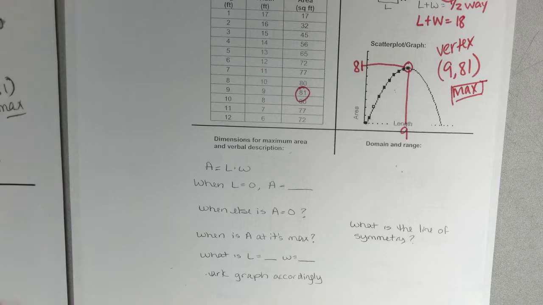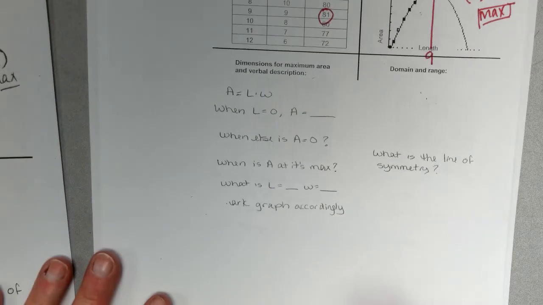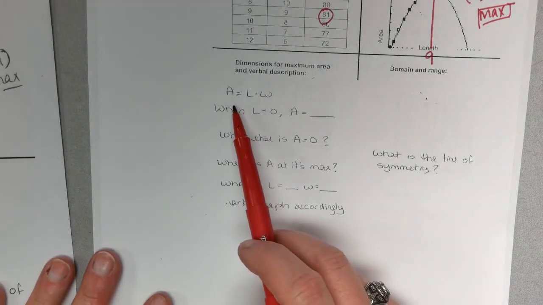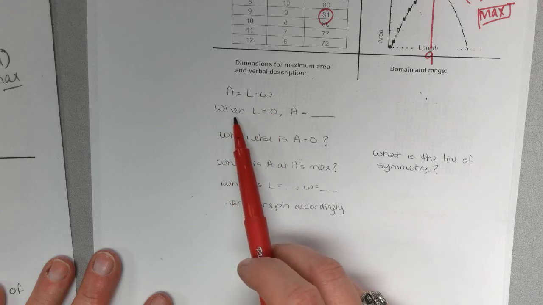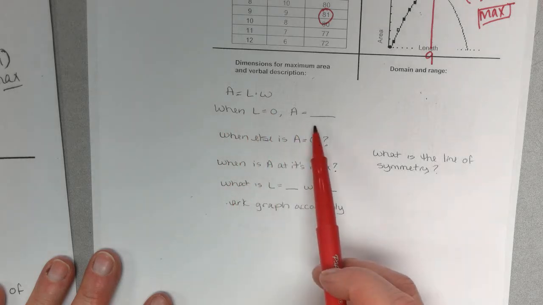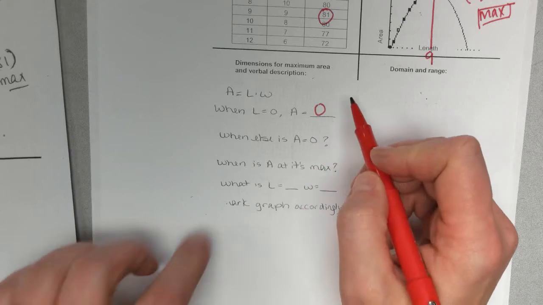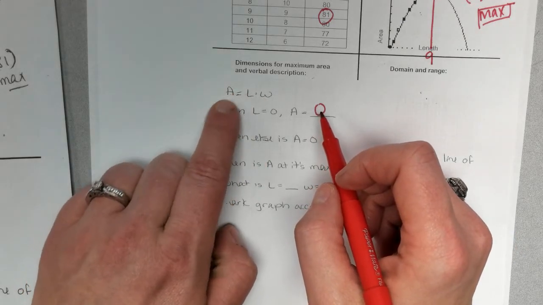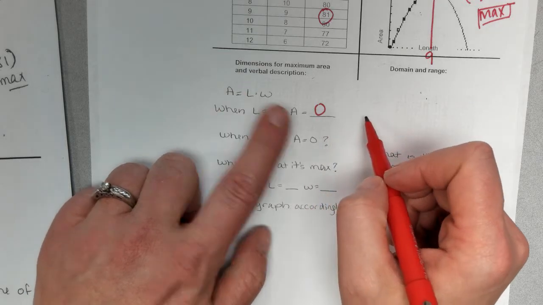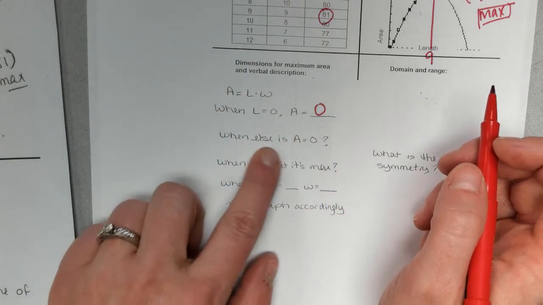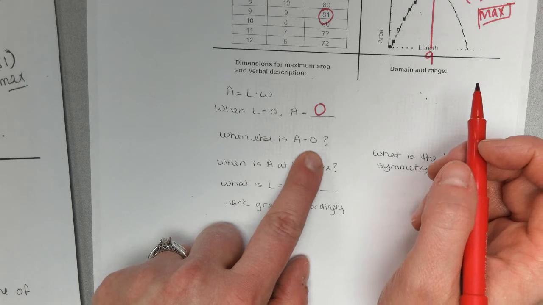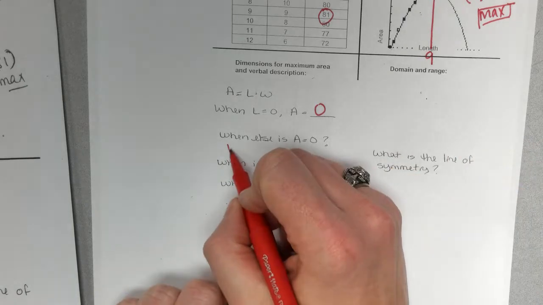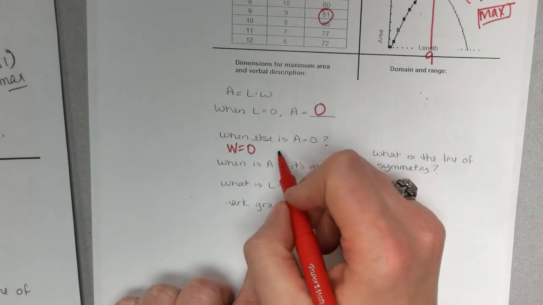So now here, and we know our area is length times width. When L equals 0, A equals 0, because if one of those is 0, then the whole area is going to be 0, because anything times 0 is 0. When else is your area going to be 0? Well, it's going to be when your W is also 0.